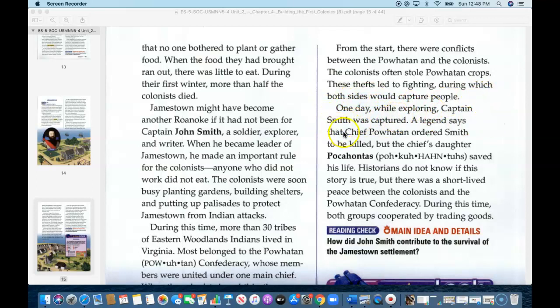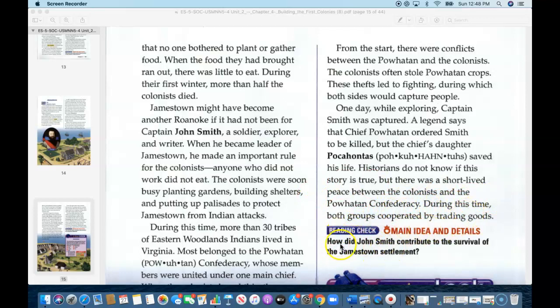A legend says that Chief Powhatan ordered Smith to be killed, but the chief's daughter, Pocahontas, saved his life. Historians do not know for sure if this story is true, but there was a short-lived peace between the colonists and the Powhatan Confederacy. During this time, both groups cooperated by trading goods.